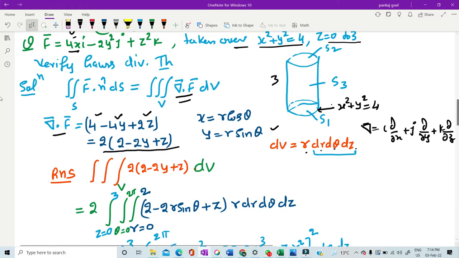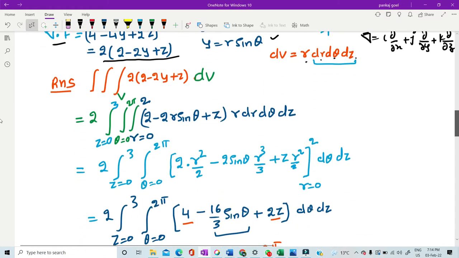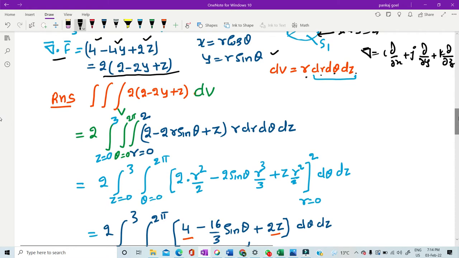Right? Put the limits here. Z equal to 0 to 3, that is 0 to h, theta 0 to 2 pi, as we discussed earlier, r 0 to radius a. And put the value of y here in terms of theta, 2 minus 2r sin theta, times r dr d theta dz.